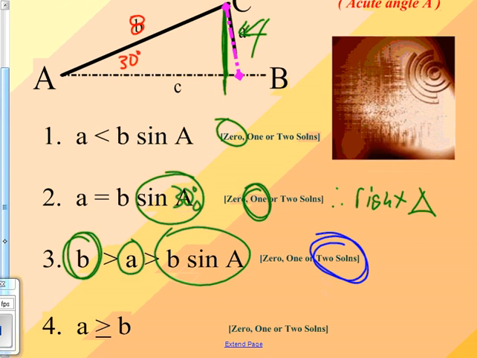And the last one is, if side A is actually bigger than side B, that's this reddish line. If it's 8, or bigger than or equal to 8, because if it's equal to 8, you can't go back on itself and still make a triangle. It'll be right on top of itself.